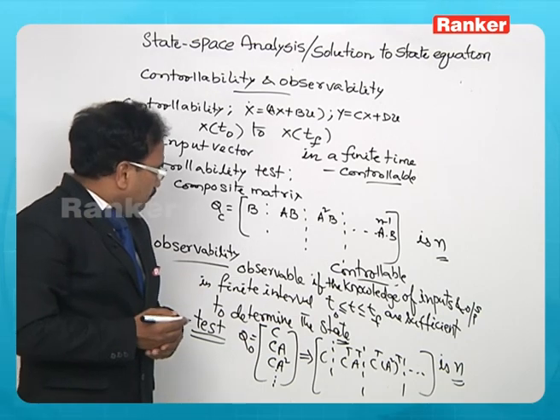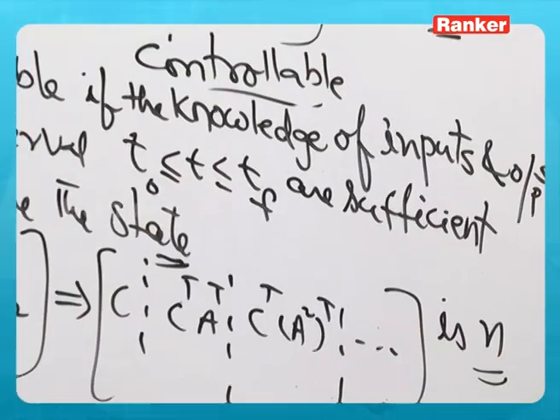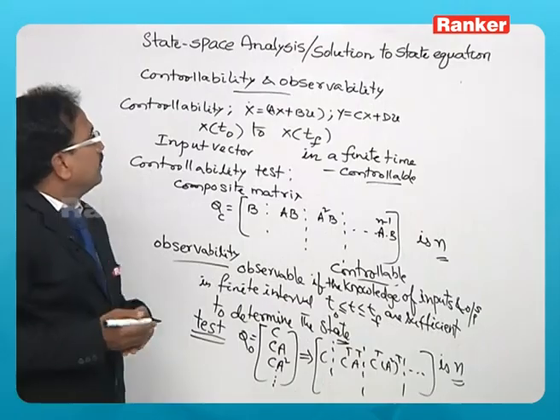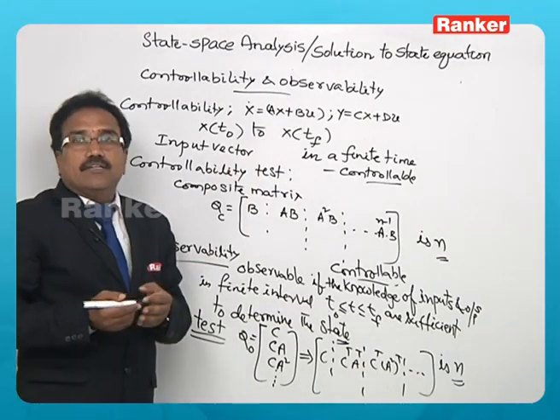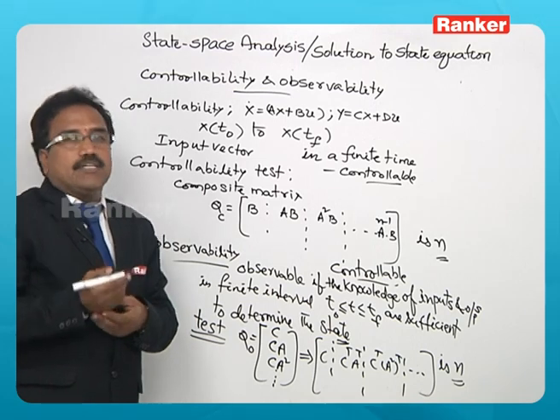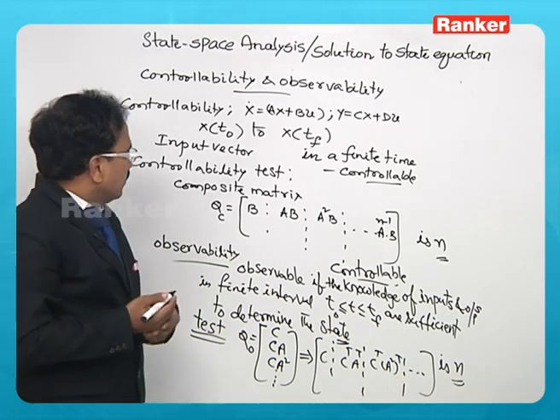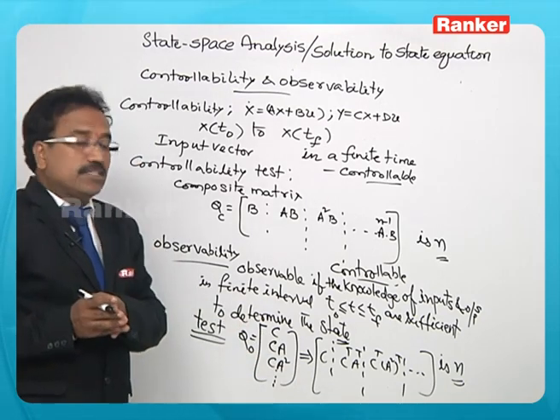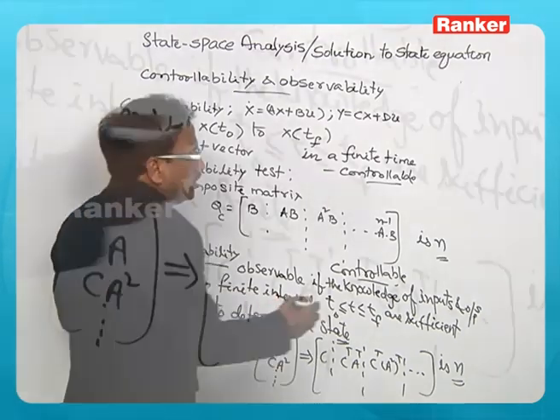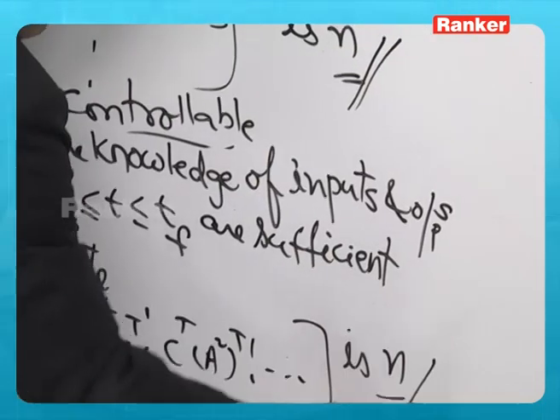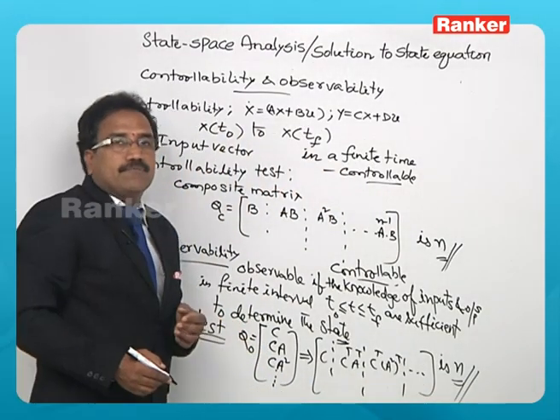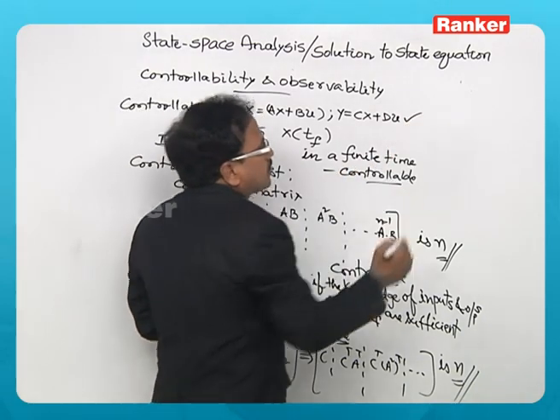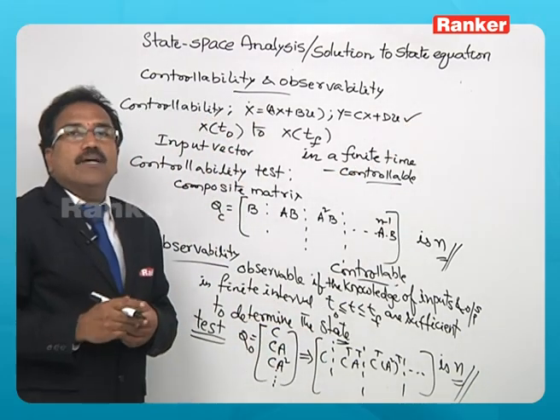So, for both QC and Q0 we need to have the information of A, B and C, that is state matrix, input matrix and output matrix, so that QC and Q naught can be obtained with the help of those matrices, and we must see that the rank is n for both the matrices, then we say that the given system is controllable as well as observable.